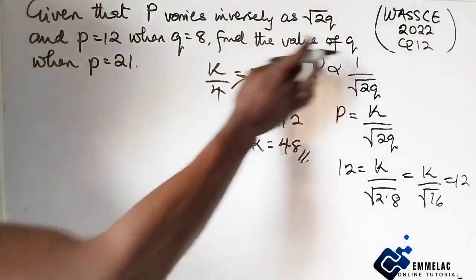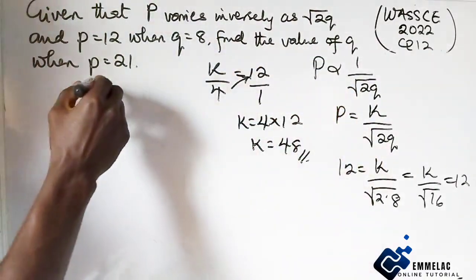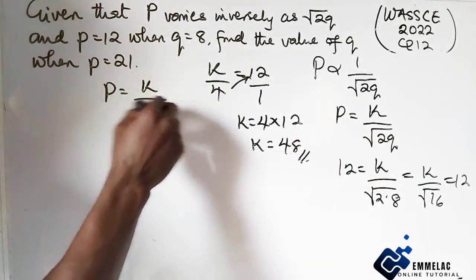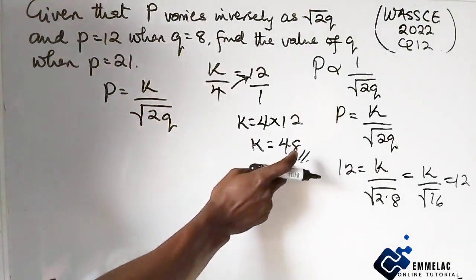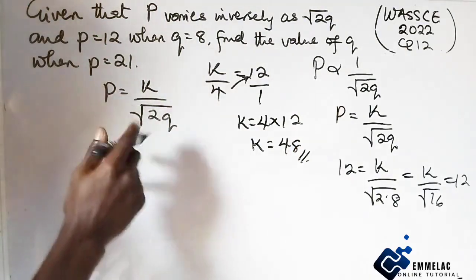All right, now find the value of q when P is 21. Bringing back this relation, P equals k over the square root of 2q. Our k here is 48, and P is 21.